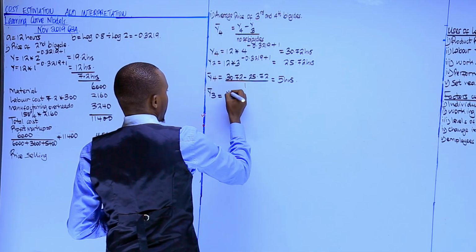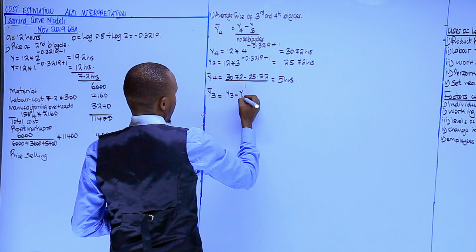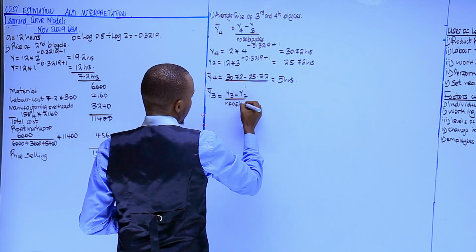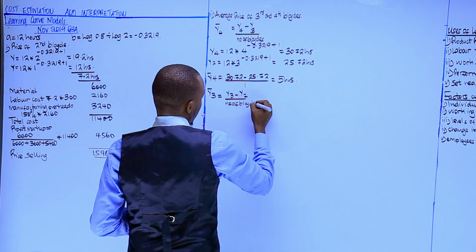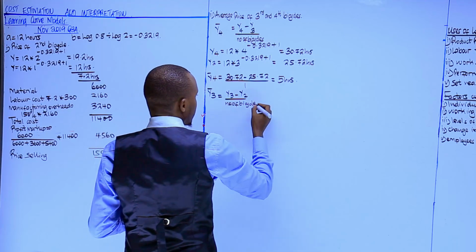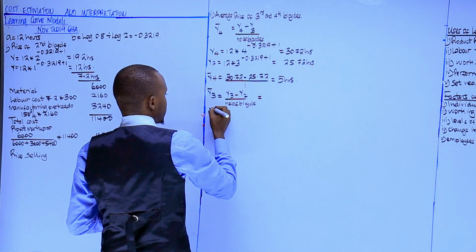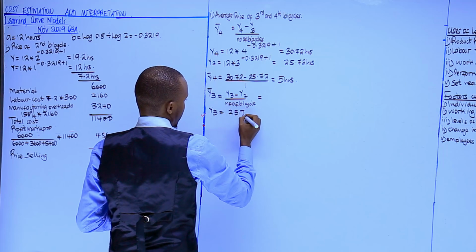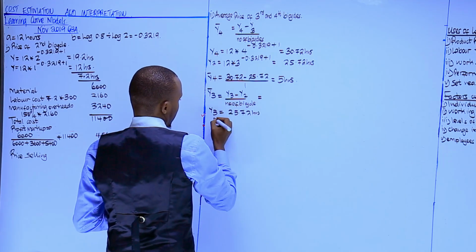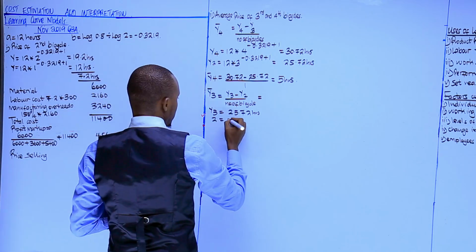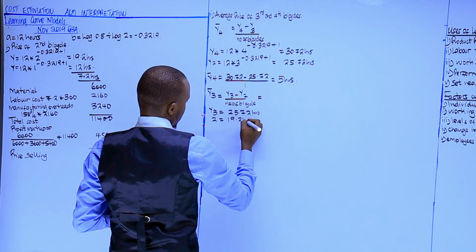This will be the third minus the second divided by the number of who? Bicycles. The third was how much? 25.72 hours. The second was how much? Here, 19.2 hours.